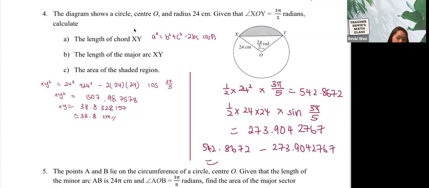Am I too fast? I'll get 269 cm square. That's all. Okay, concept-wise, everything same, right? Correct or not? Only formula different.